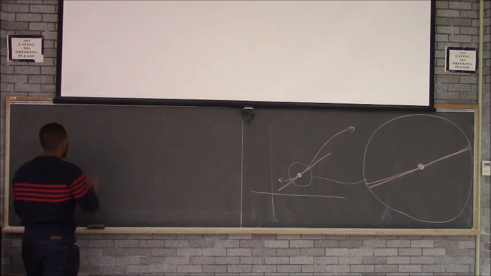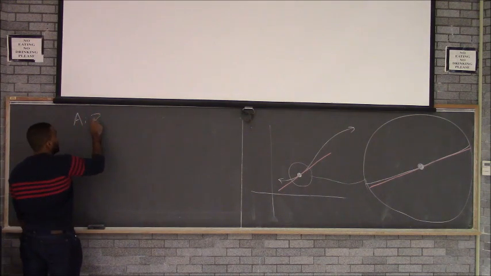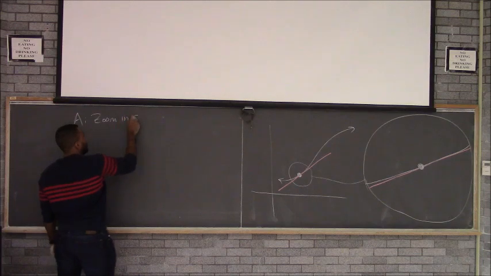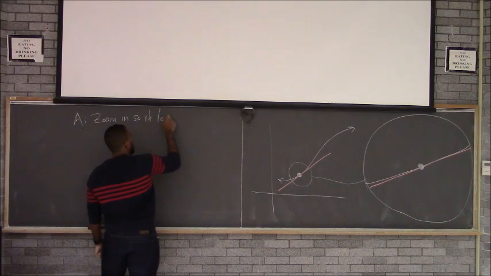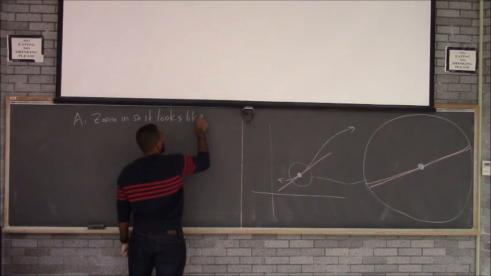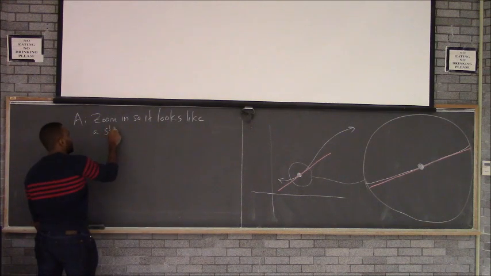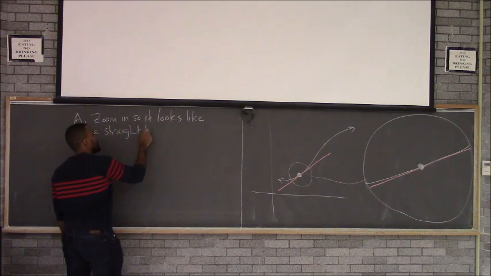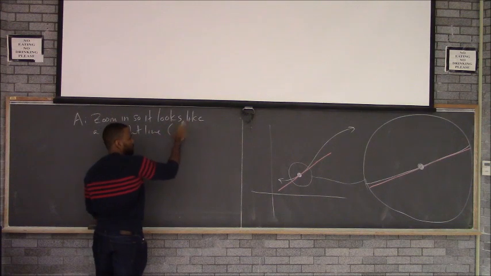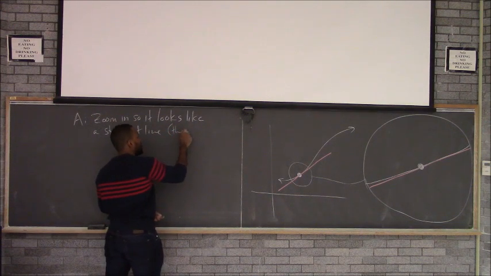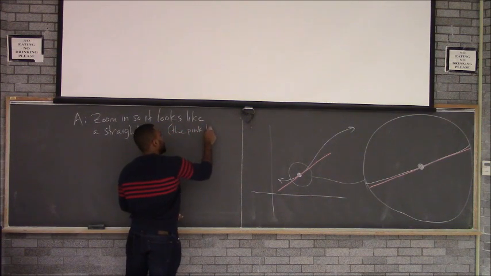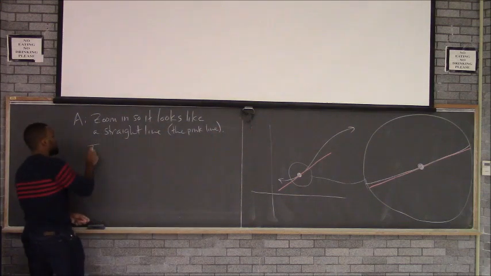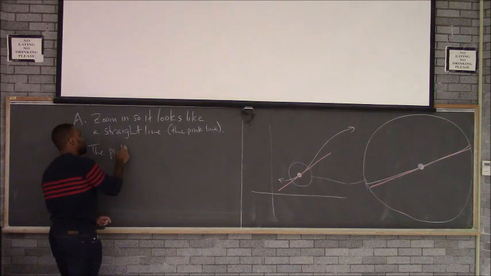So the answer to the question I just asked was zoom in so it looks like a straight line. You probably don't have colors, but for me it's the pink line. Now, the pink line here, we give it a name.